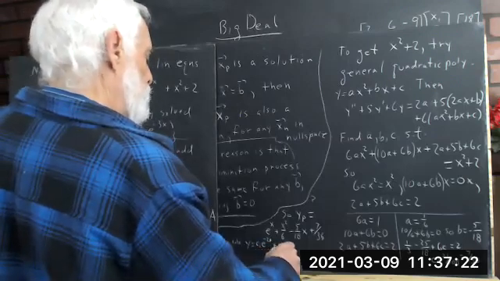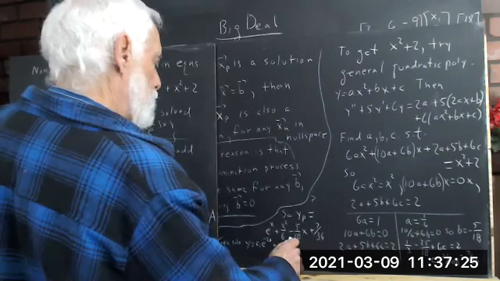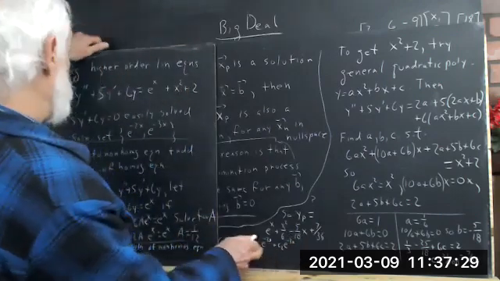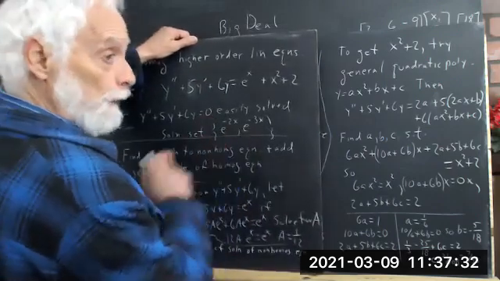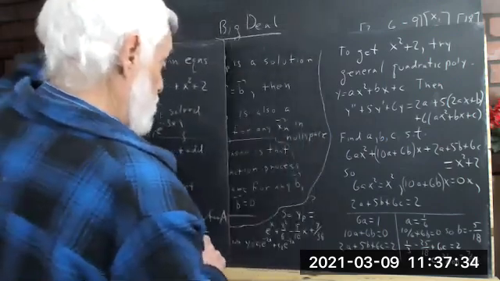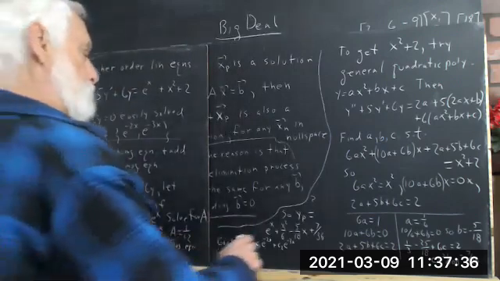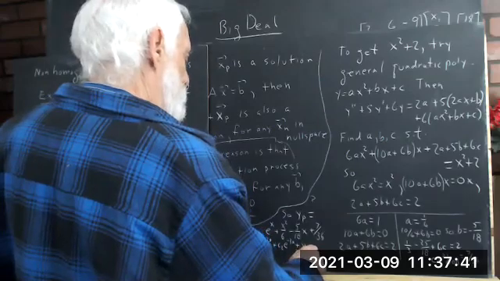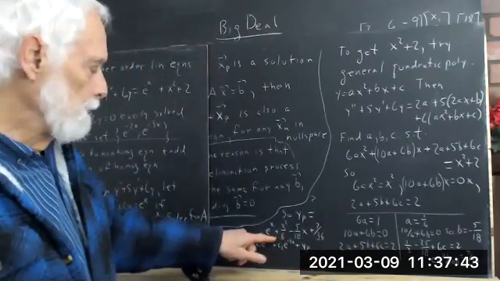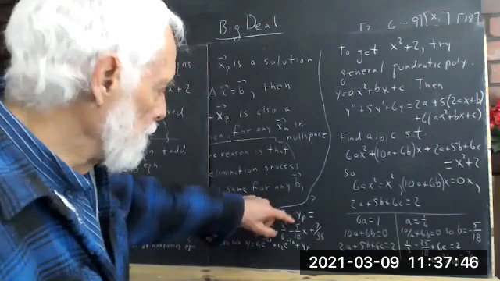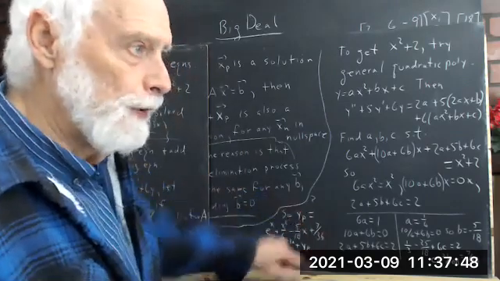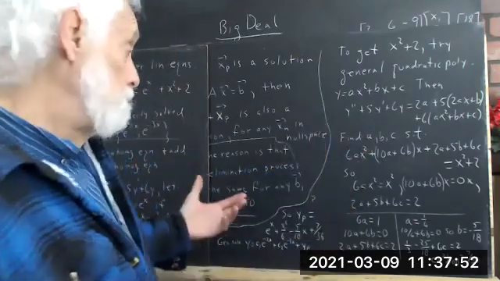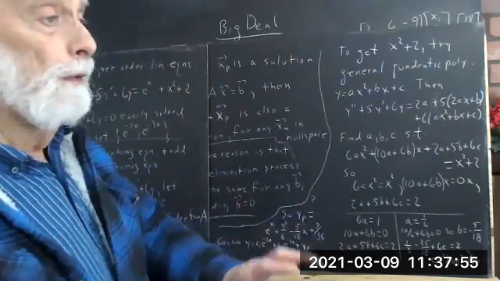Plus C2 e to the -3x. This is our general linear combination of the functions in our solution space. Plus, I don't have room to write it out, but we would ordinarily then write out e to the x plus x squared over 6 minus 5/18x plus 7/36. Now you plug this into the equation, and it should give you a solution.